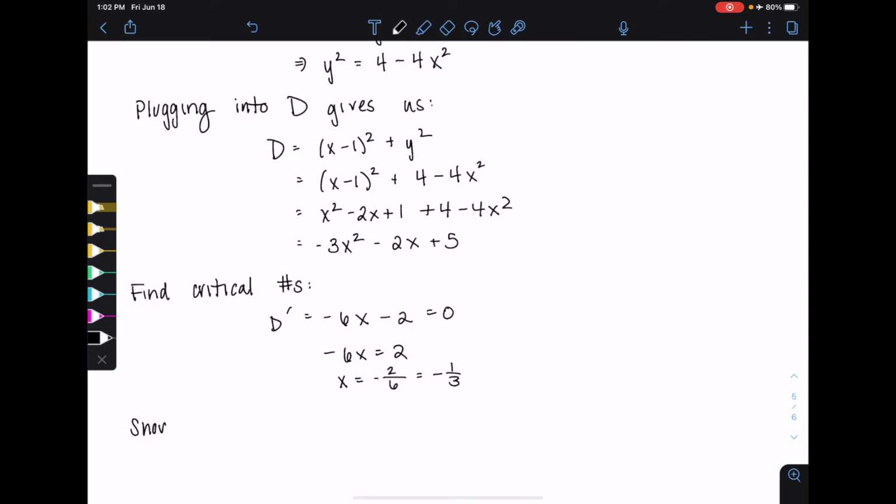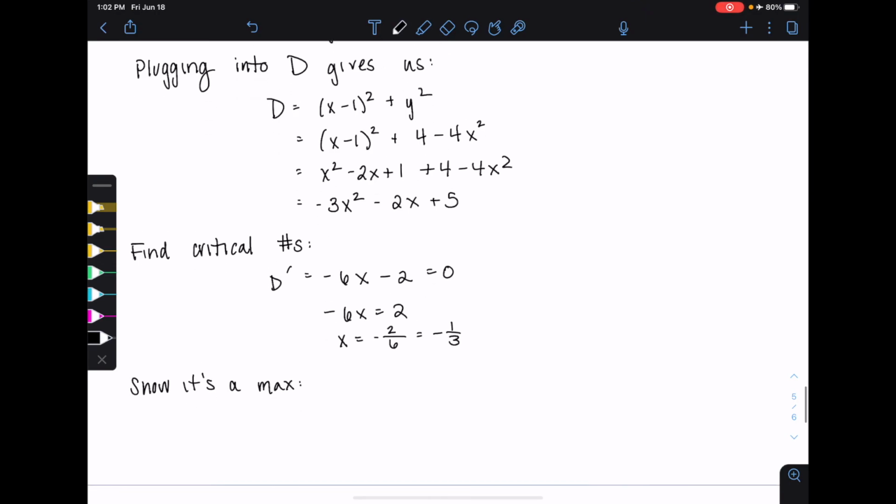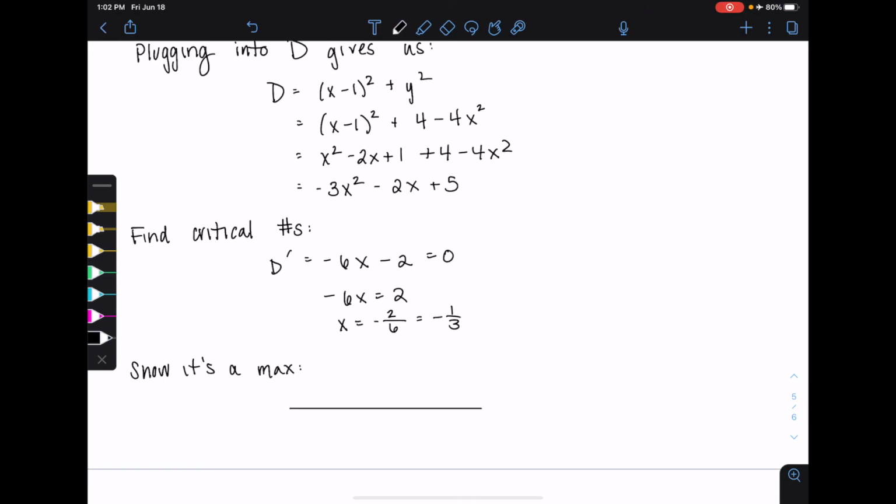And we need to show it's a maximum by plugging values into our derivative. So if I plug in negative 1, that will be positive 6 minus 2. So my derivative will be positive on this side. If I plug in 0, that'll give me negative 2, negative on this side. So it's increasing to decreasing, so indeed it is a maximum. Okay. And so this is our absolute maximum.